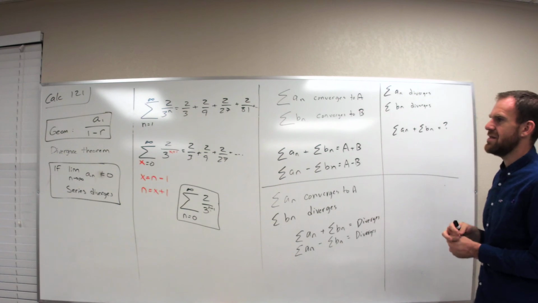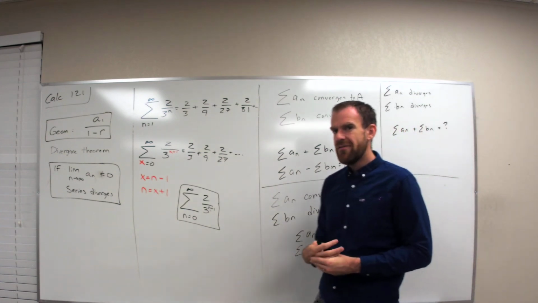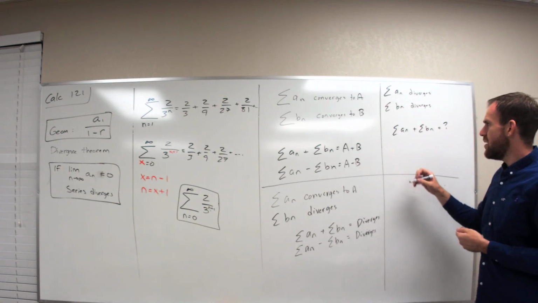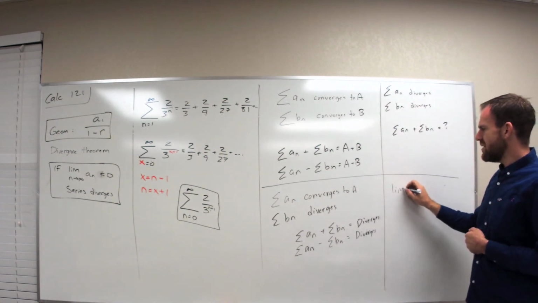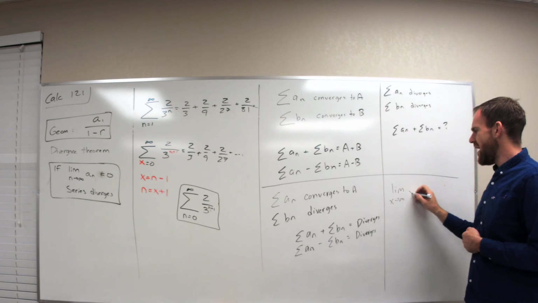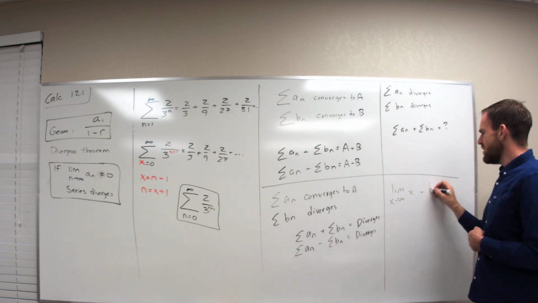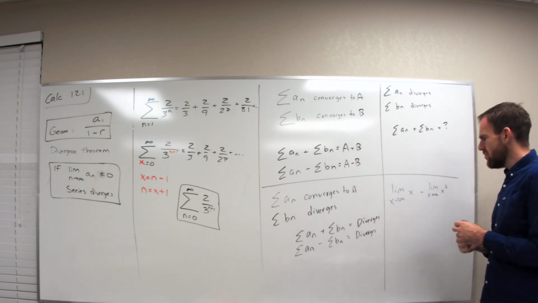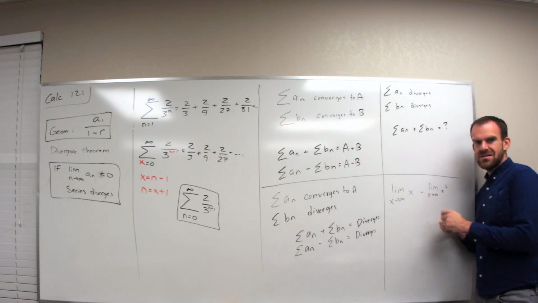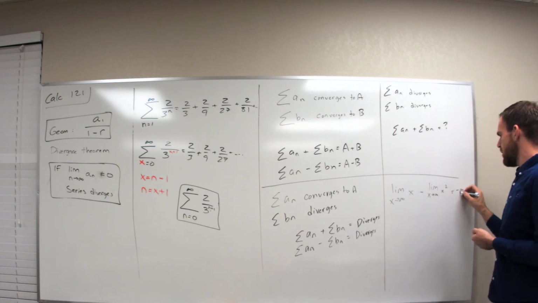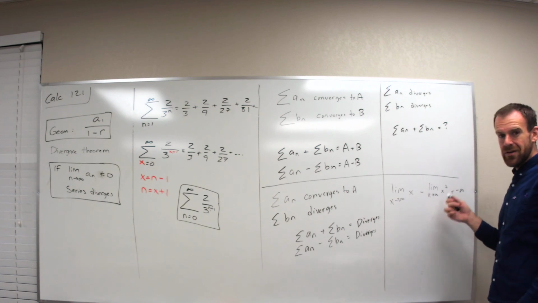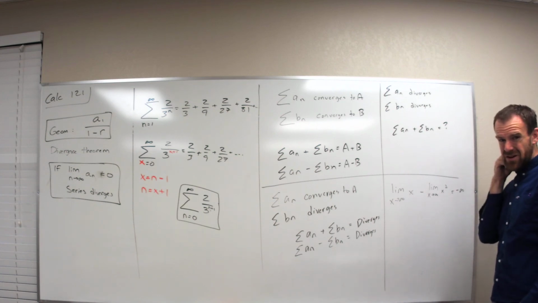Well, because some functions will diverge faster than others. It's just like the limits that we did earlier. Think about this limit. If I take the limit as x approaches infinity of x, and I subtract the limit as x approaches infinity of x squared, which one wins? Well, the x squared is going to win, right? So this is negative infinity. Even though I have a positive infinity, and then I'm subtracting a bigger infinity, which is kind of funky.